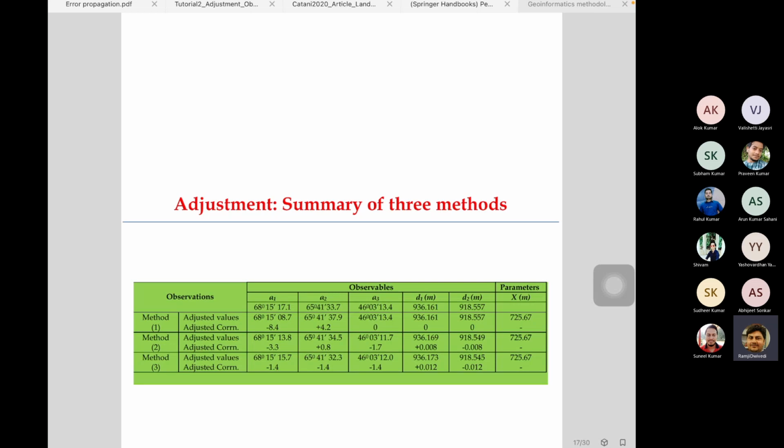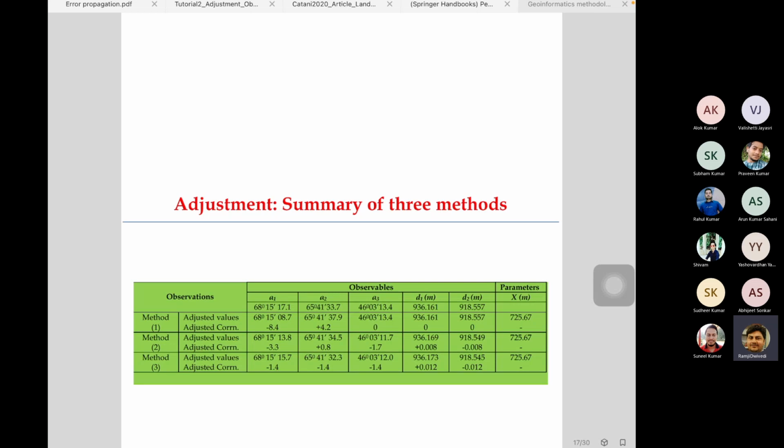Hence, your correction would be applied to alpha 1 and alpha 2 and you will get this value. Method 2, adjustment values, that means adjusted correction, averaging phenomena, you apply corrections to all, you get this. Method 3, you apply in a step manner, independent step manner, and you provide the correction and you achieve it.